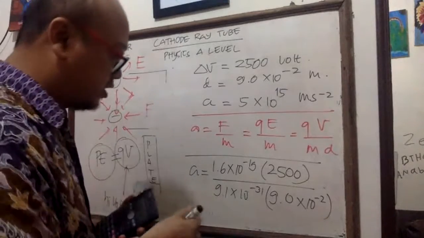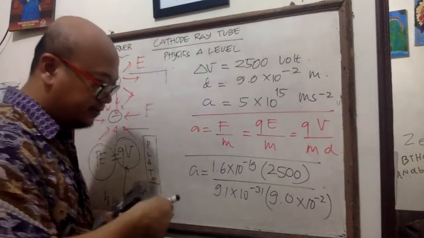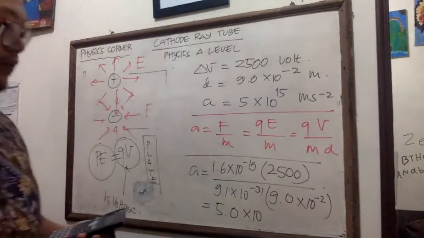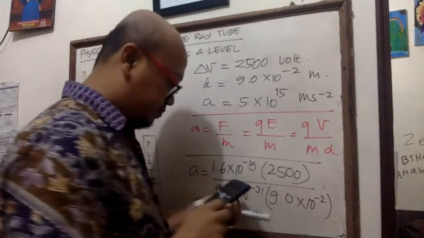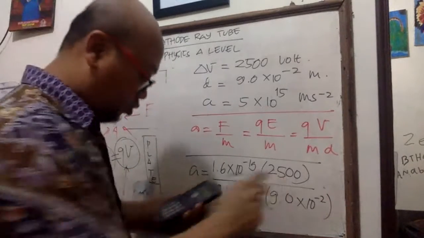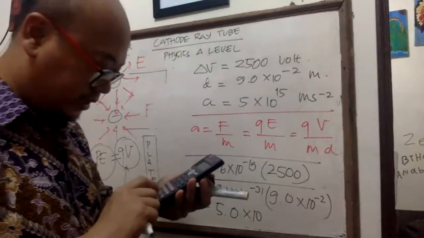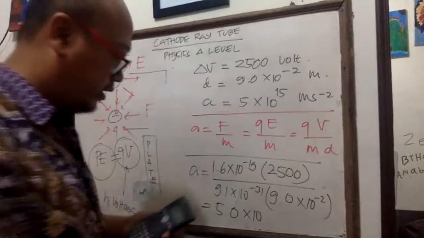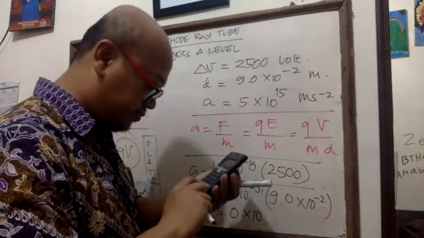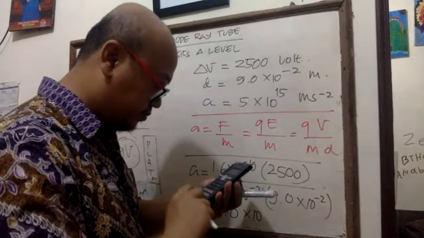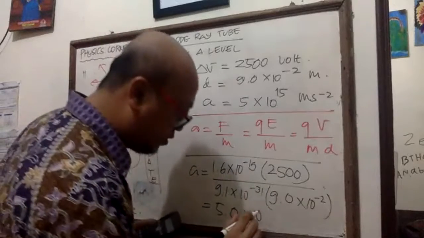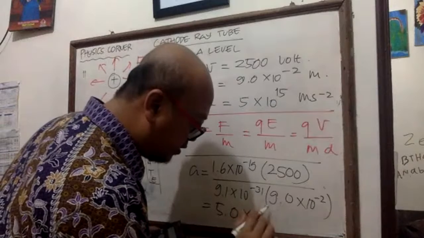So actually this is something with 5.0 times 10 power. We see minus 19 plus 2, minus 19 plus 33, so 16. Then 16 minus 1, yes, this is 15.